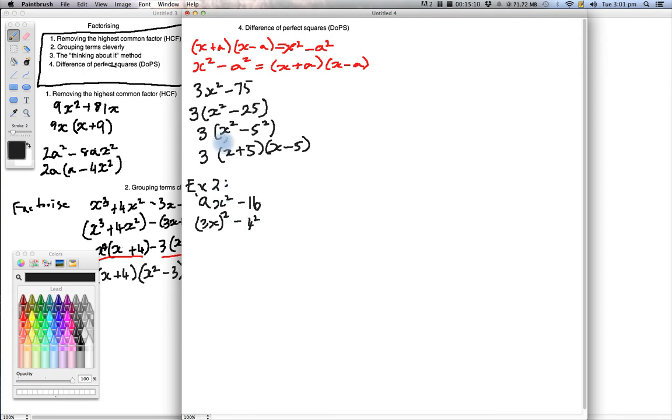So now it does look like this, but my x is 3x, my a is 4. So wherever I've got x, I've got 3x, and a is 4. So that one becomes 3x plus 4 multiplied by 3x minus 4.